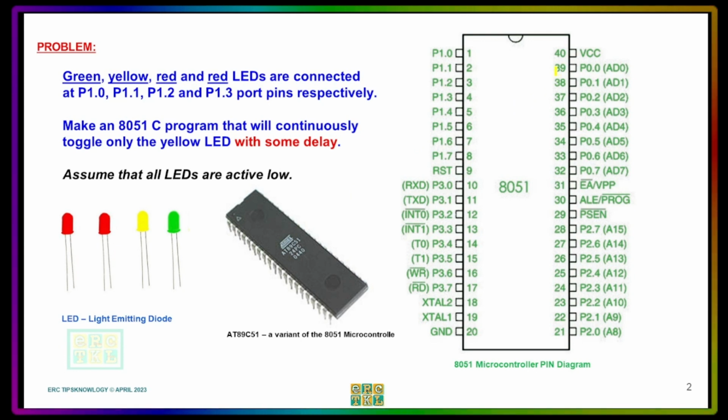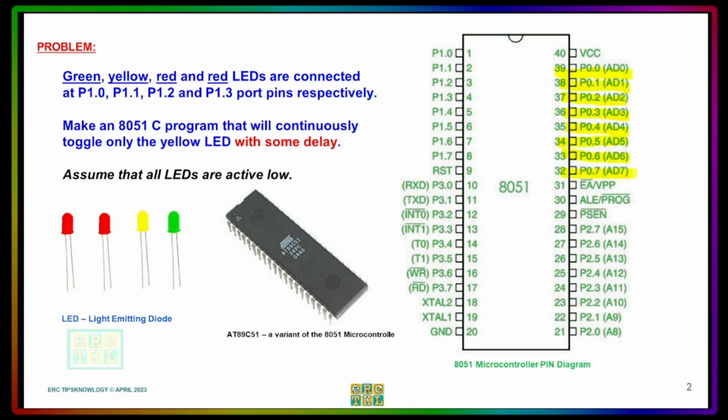Pin 39 is the first pin of port 0, which is used as an input or output port, and at the same time can also be used as an address or data. So we have 8 pins that represent port 0, and each of them can be used in 4 ways: as an input port, output, address, or data.